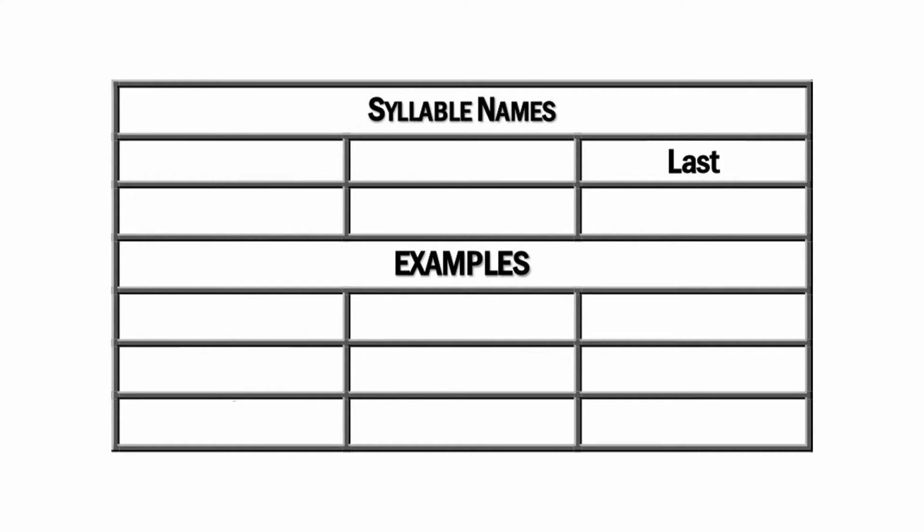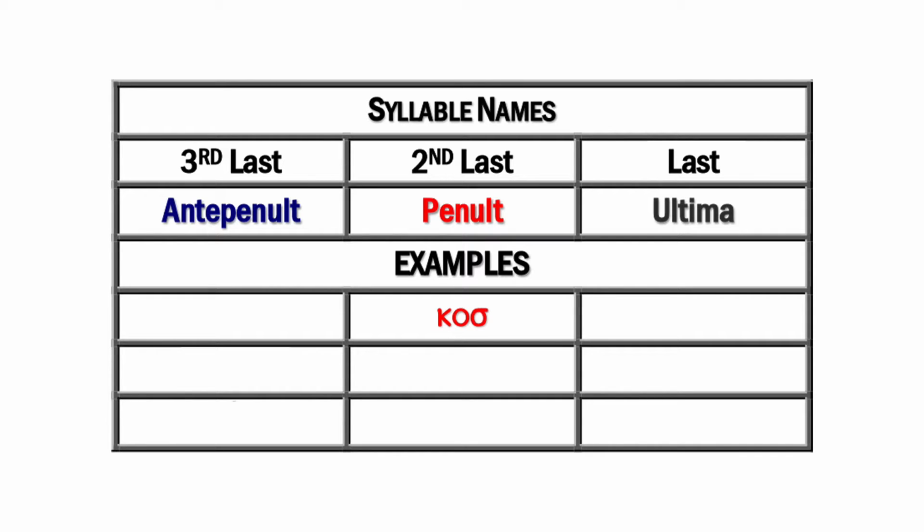We're going to start by naming the last syllable in the Greek words, which is the ultima. The one before the last syllable, or the second to last syllable, is called the penult. And the one before that, the third to the last, is called the antepenult. In the word cosmos, kos would be the penult, or the second to last syllable, and mos would be the ultima, or the last syllable.